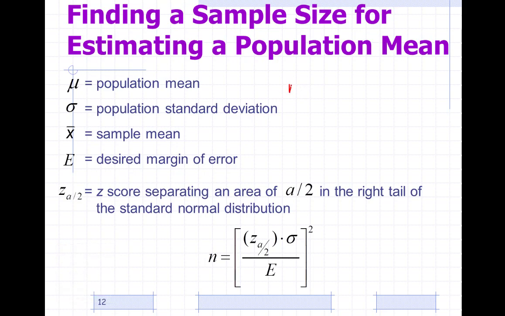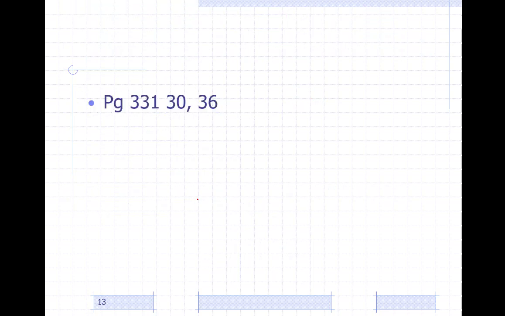We're going to take the range divided by 4 is a good estimate of our population standard deviation, or we're going to use the standard deviation maybe from a previous study. So that's how we're going to estimate that standard deviation. The critical z, we're going to find, and remember, we do not need degrees of freedom when we find our critical z. So that's how we're going to do this calculation.